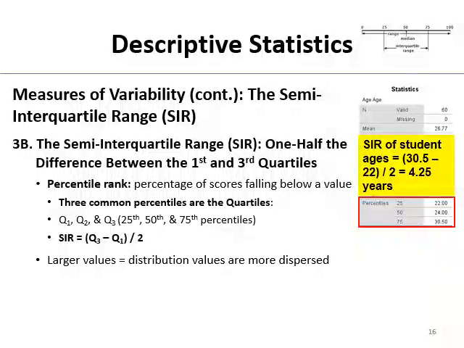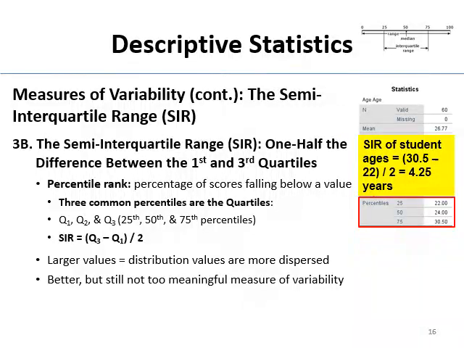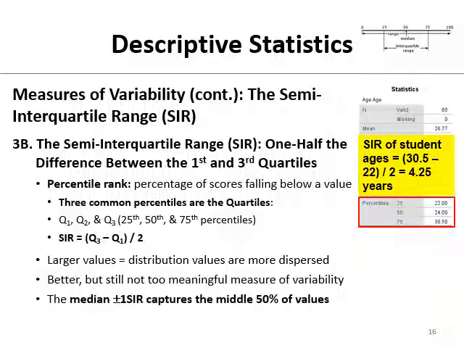Again, larger values of a semi-interquartile range tell you that your distribution is more spread out. It's a little bit better than the range, but it's still not that great in terms of variability. It does have a cool function associated with it: if you take the median, and add one semi-interquartile range and subtract one semi-interquartile range from it, you get the middle 50% of the distribution of scores.